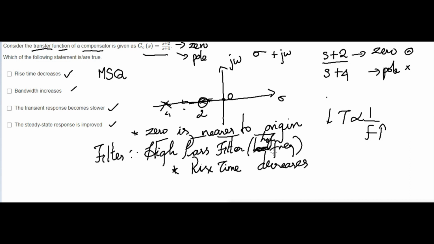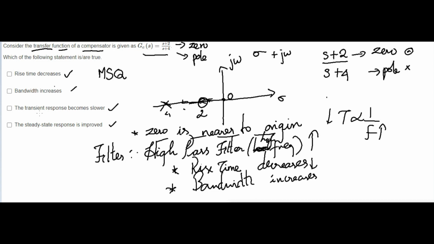Because of that, the bandwidth also increases, since more frequencies are allocated and more space is consumed. So definitely rise time decreases and bandwidth increases.